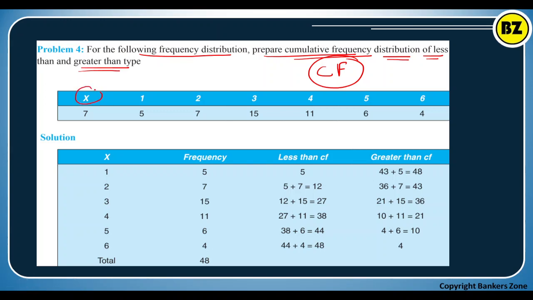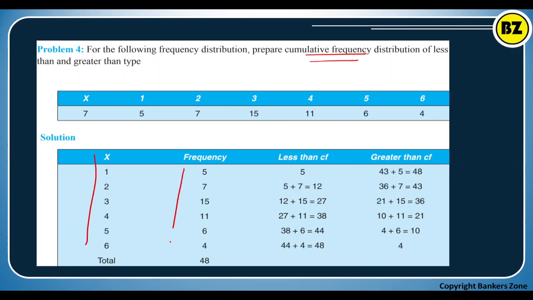The x values they have given are 1, 2, 3, 4, 5, 6, and the corresponding frequencies are 5, 7, 15, 11, 6, 10, 4. Next task is to find the less than cumulative frequency and the greater than cumulative frequency.